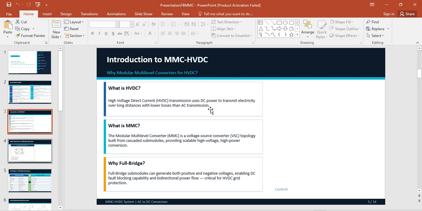The half bridge submodule is the one which contains only two switches and a capacitor connected across them.